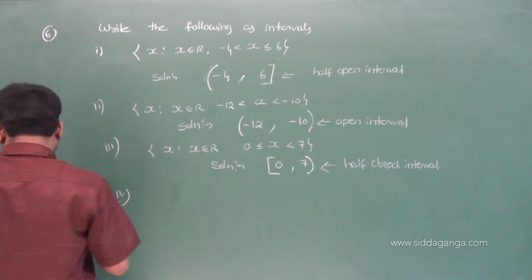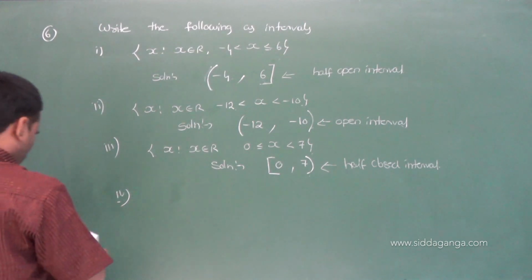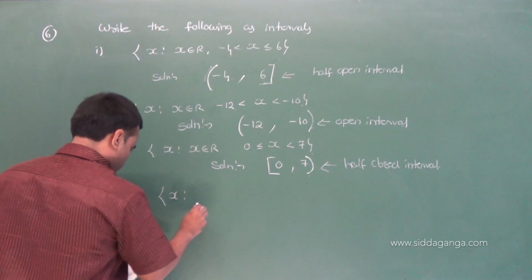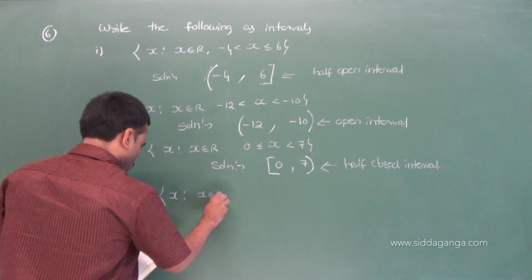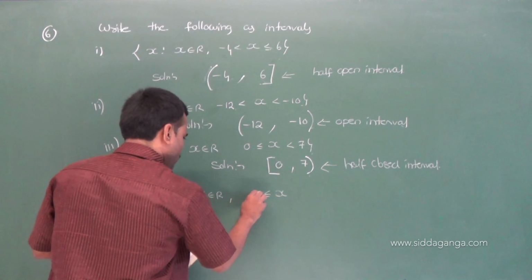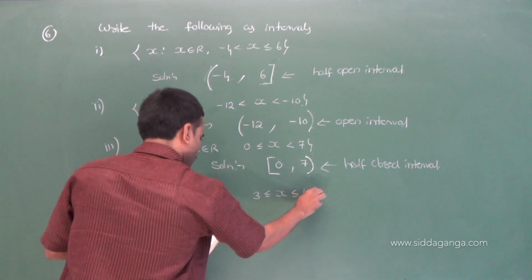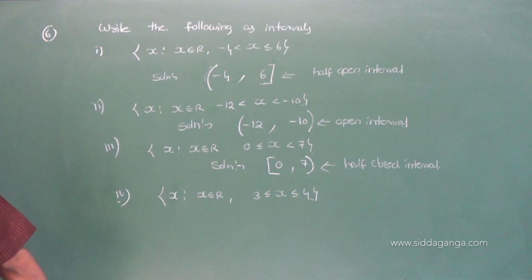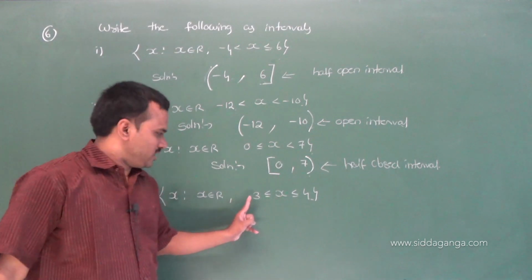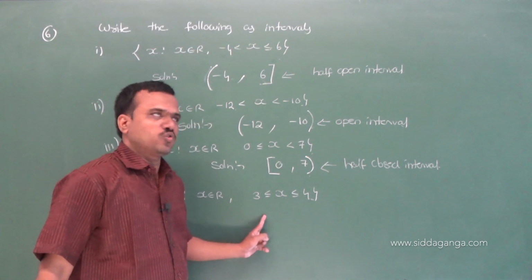Fourth question. X such that X belongs to R, X greater than or equal to 3, less than or equal to 4. That means end points are included.